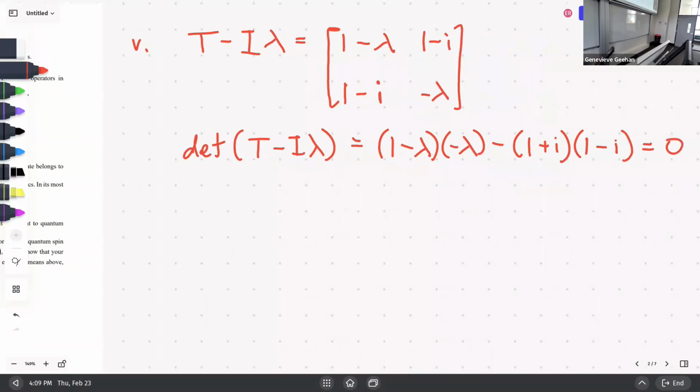and setting it to 0. Yeah, now we're just solving this for lambda.